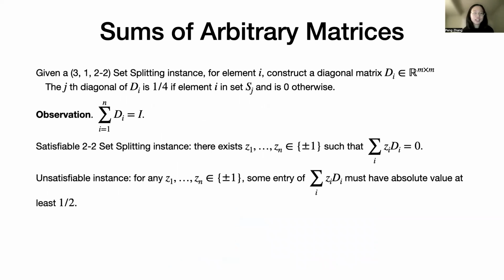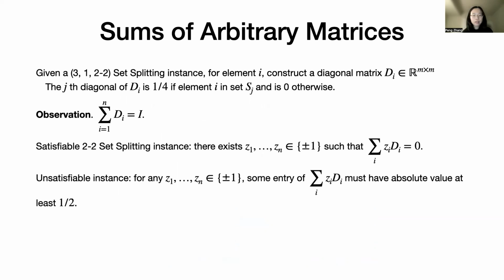There is actually a simple reduction if we only consider sums of arbitrary matrices instead of sums of rank 1 matrices. Given a 3-1-2-2 set splitting instance, for each element i, we construct a diagonal matrix Di.